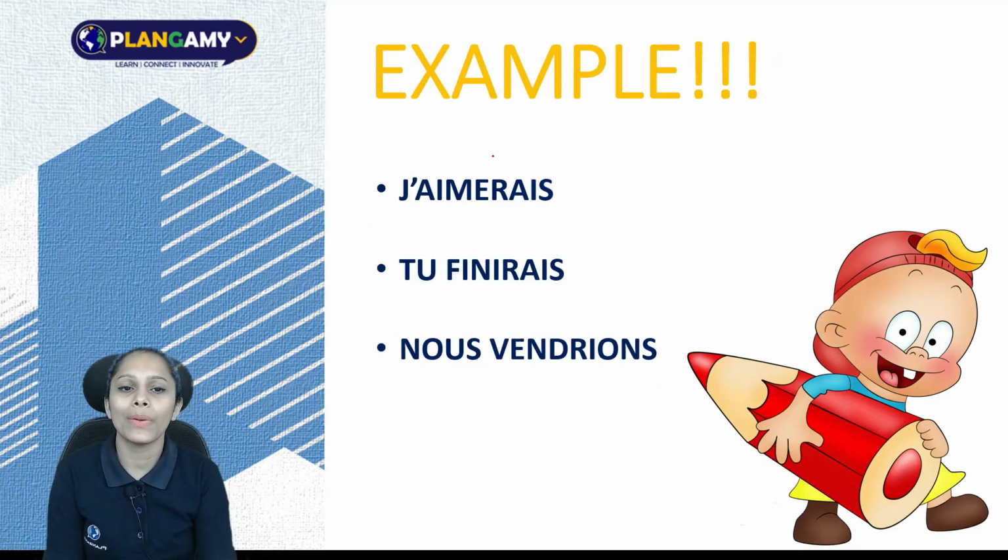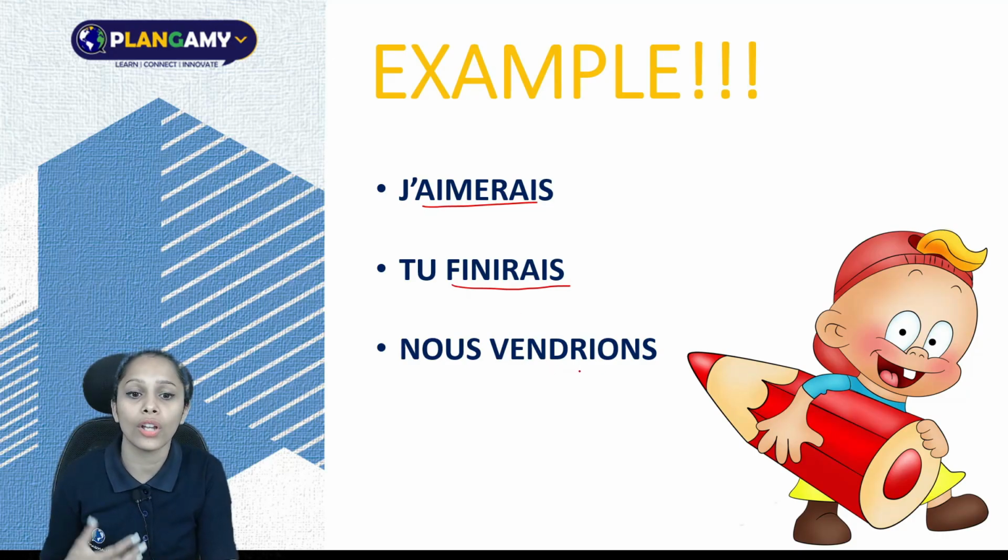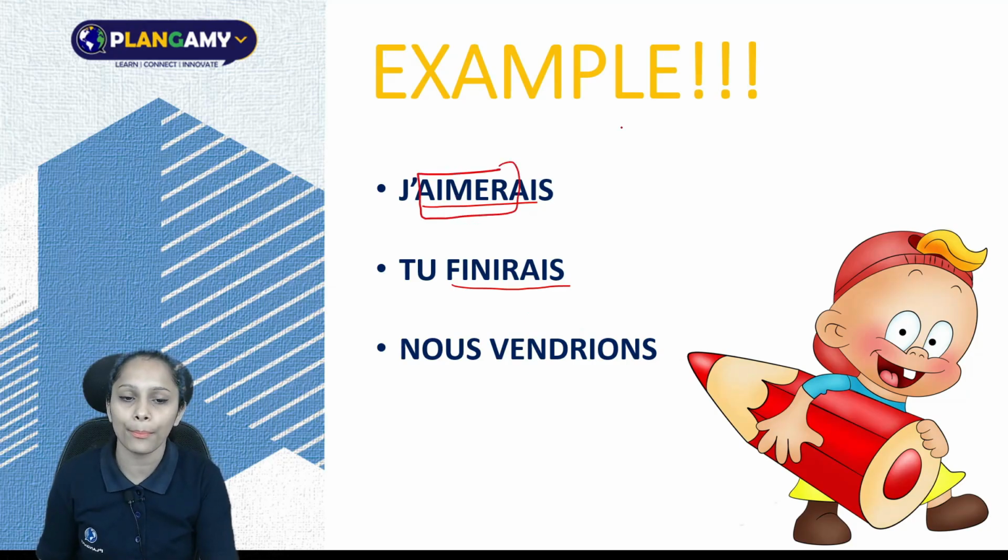Now here we have some examples of le conditionnel présent. J'aimerais, tu finirais, nous vendrions. Can you see that this is a futur simple? Let me write down its infinitive form. Aimer. This is an infinitive verb.